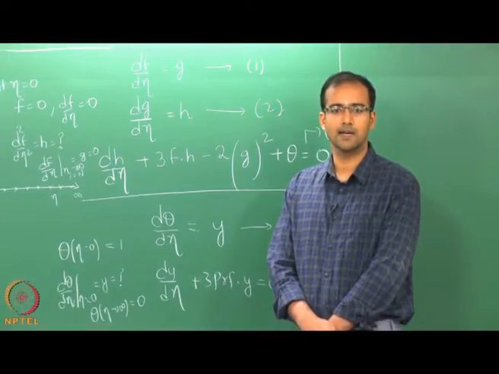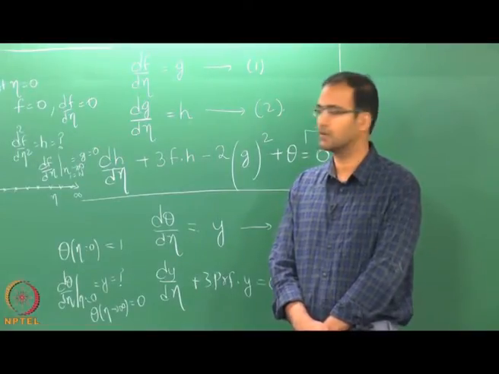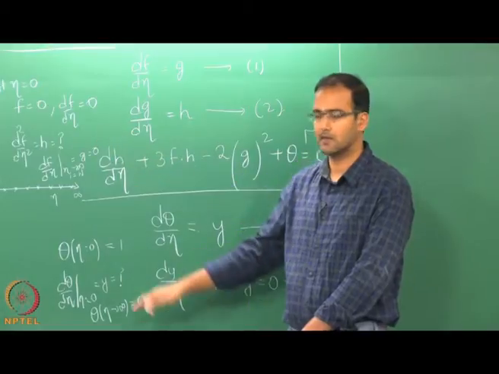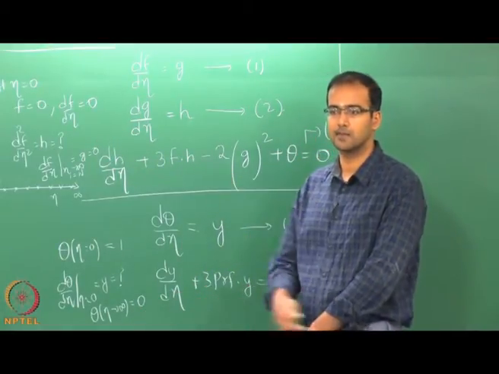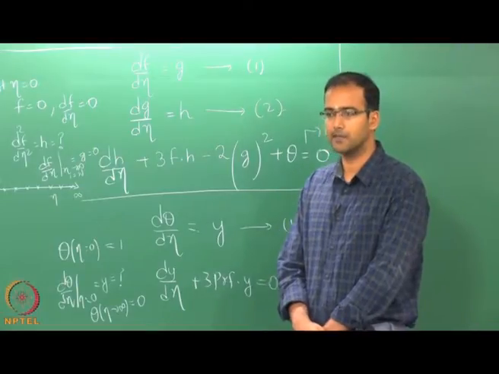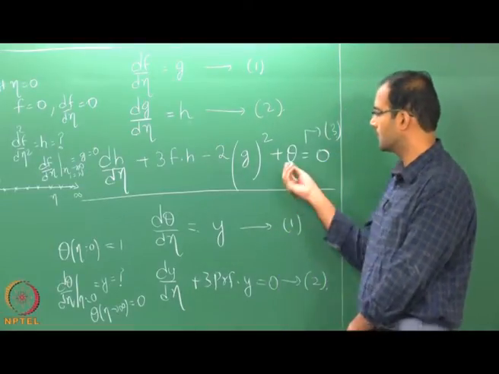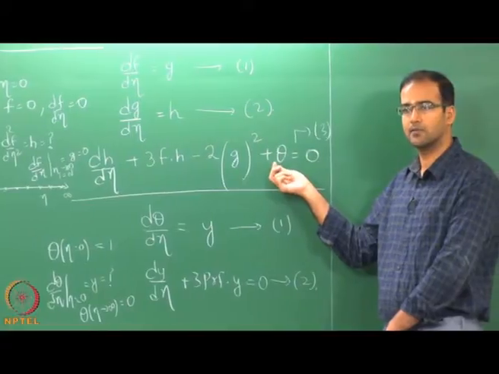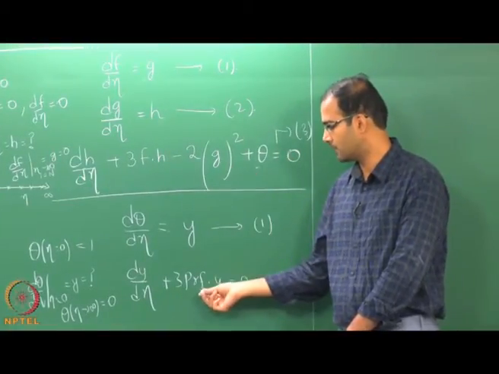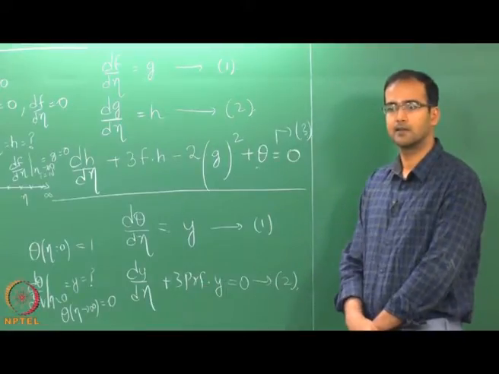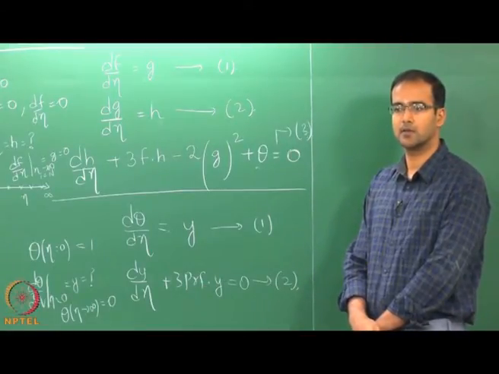Till that point you have to keep guessing the values of both h as well as theta and then solve these two equations simultaneously. At each point you put the corresponding value of theta and get the solution, and then that value of f is put in the equation for theta and solved.